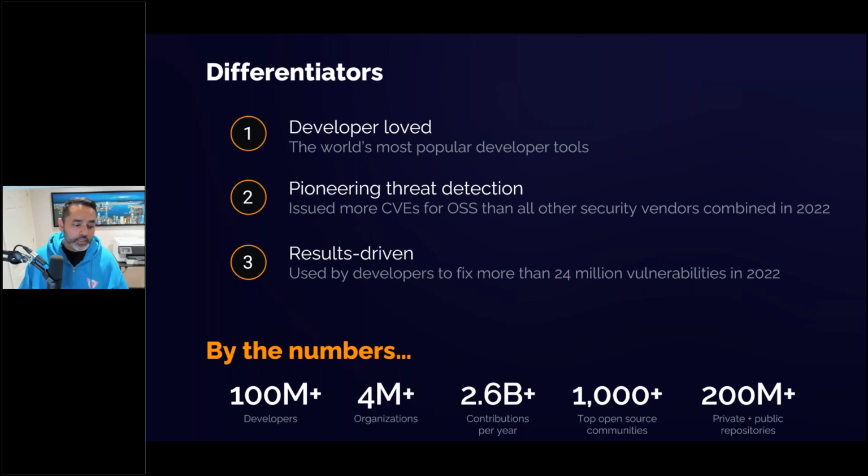The second one is GitHub is the home to the vast majority of the world's open source software. As I said before, about 95% of the world's open source software is built on github.com today.